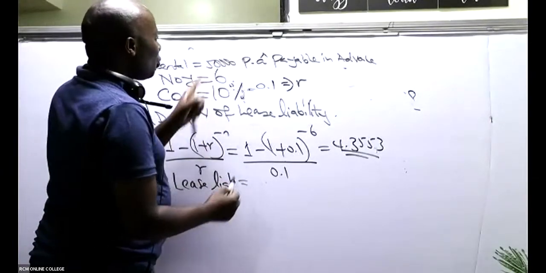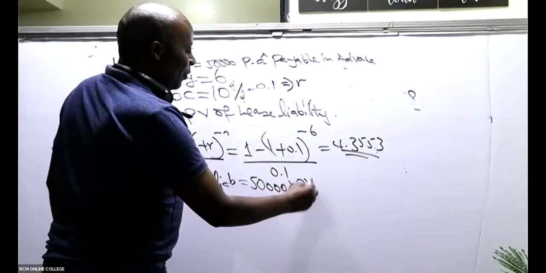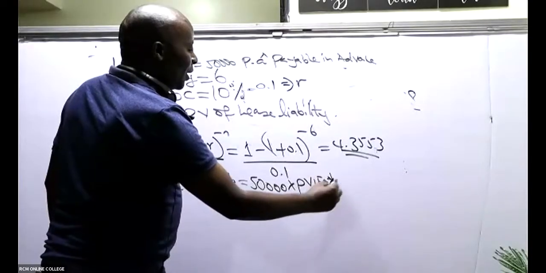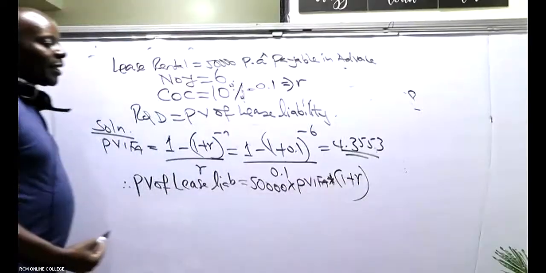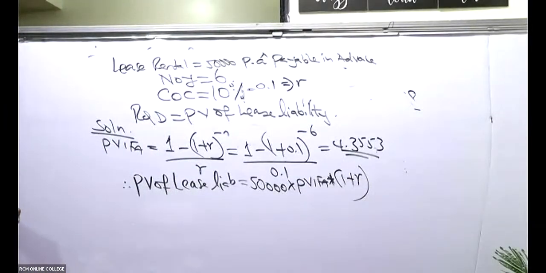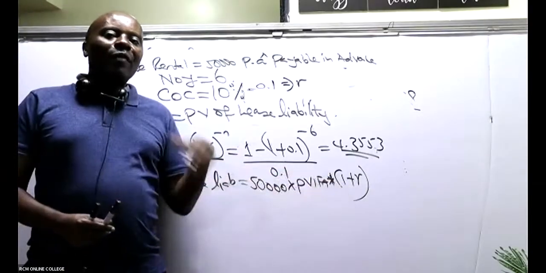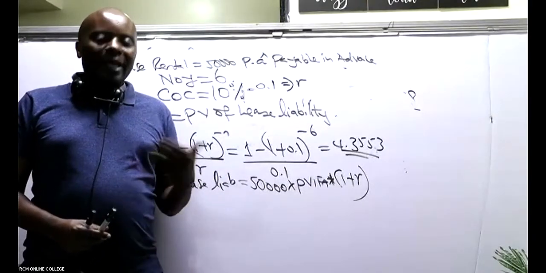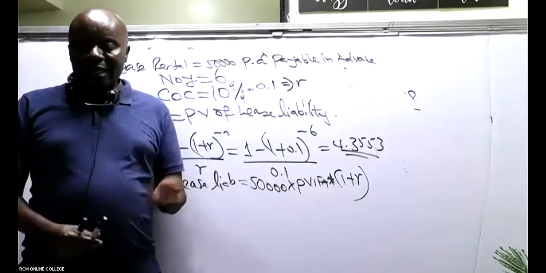And therefore, the present value of my lease liability will be this amount of 50,000, the annuity, times the PV factor. Because in this case it is being paid in advance, we must include that 1 plus R. This times 1 plus R, we only do it whenever you're told that the cash flow is being paid up front, or in advance.